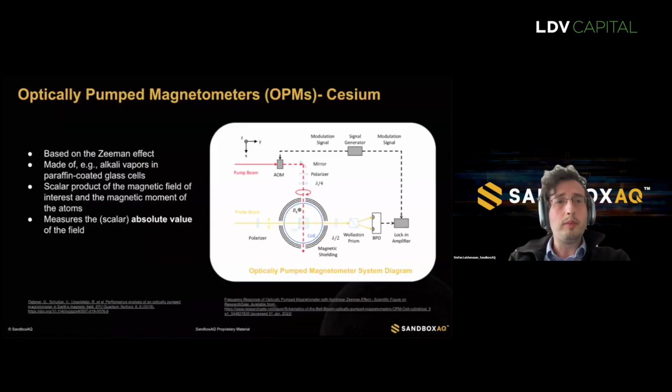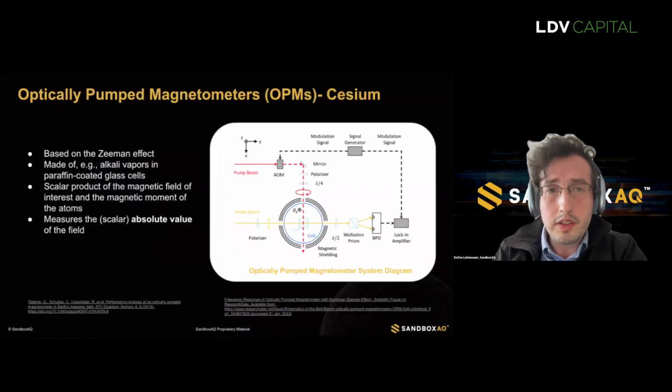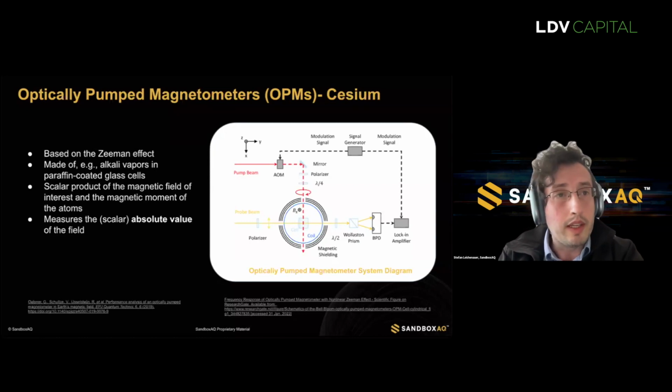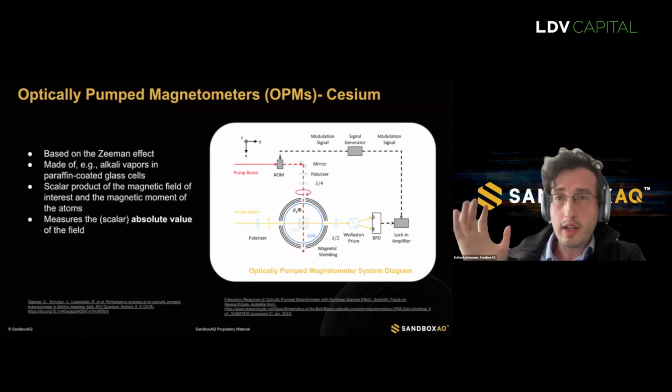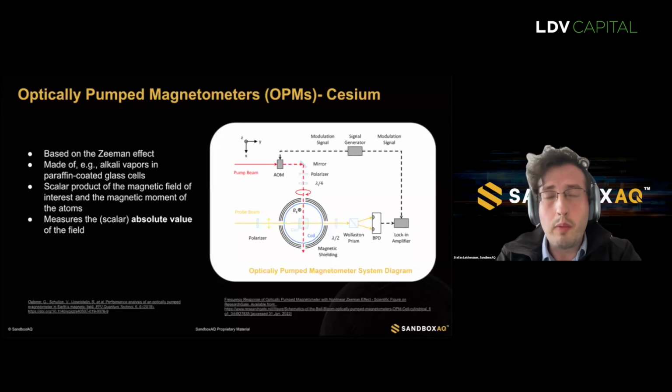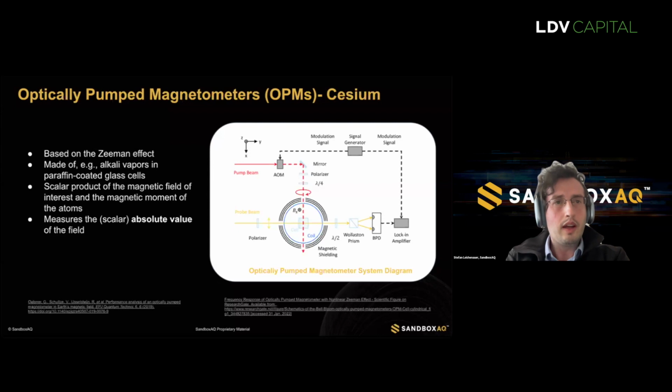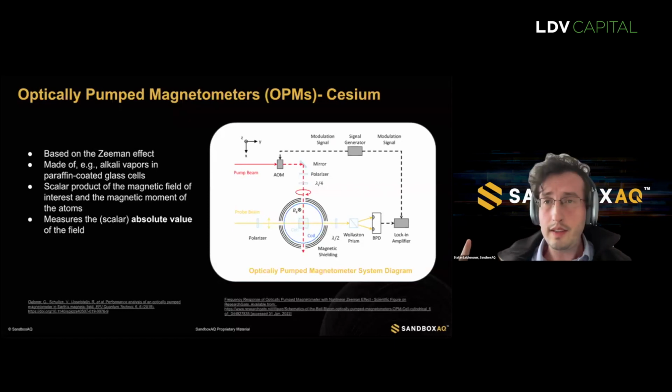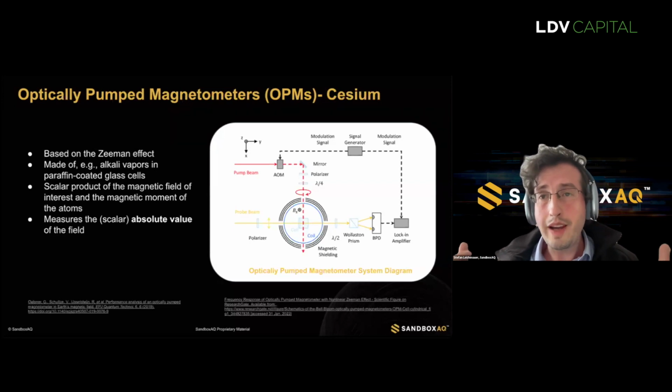Okay, so a little bit about the sensors, a little bit about the technology, and then I'll talk about some applications. There are many different kinds of quantum sensors, but I want to focus on some of the kind that are available today. So one example is what's called an optically pumped magnetometer, or OPM. The idea here, and you can make these out of different kinds of materials, for example, cesium, as I have written here, is kind of simple from a quantum mechanics point of view.